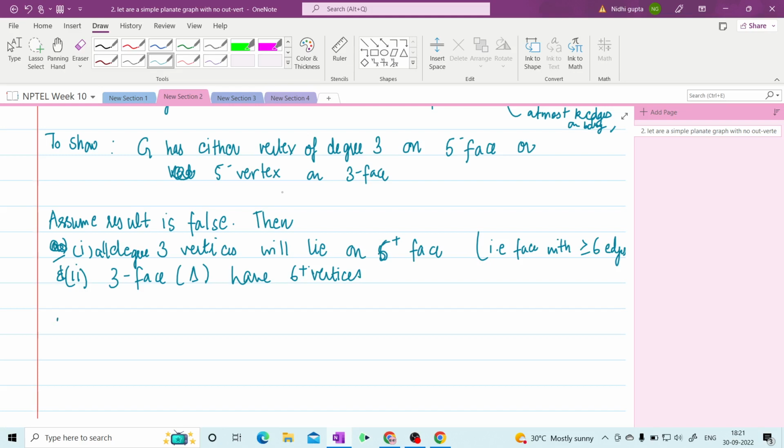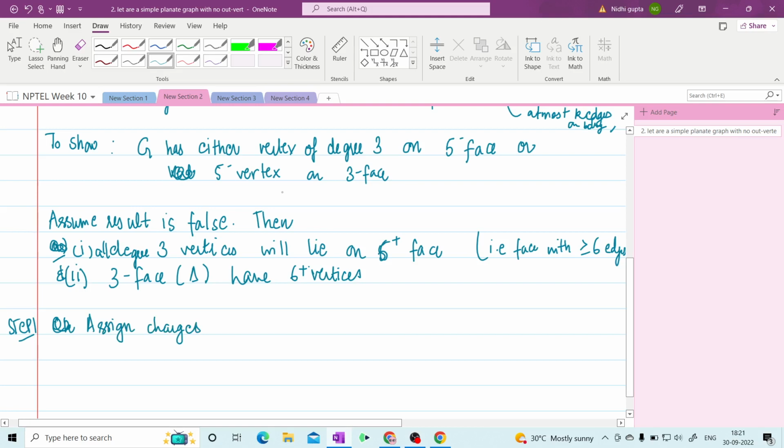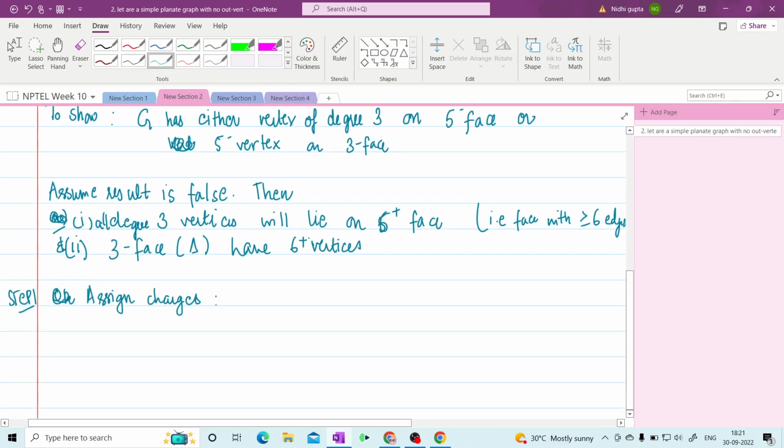Now let's give the charge. Step 1 is to assign charges. Let's assign the same charges that we used for the previous question and see if they work. The previous charges were that for each vertex we assigned d(v) minus 4, and for each face also we assigned l(f) minus 4.